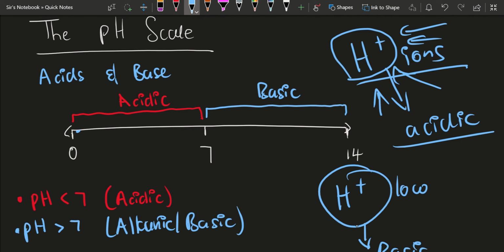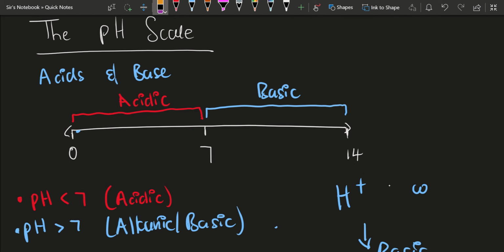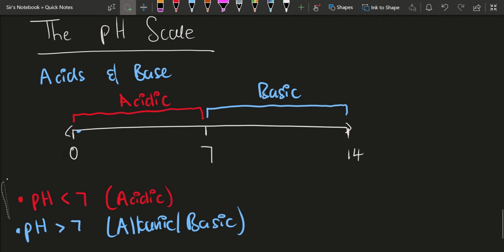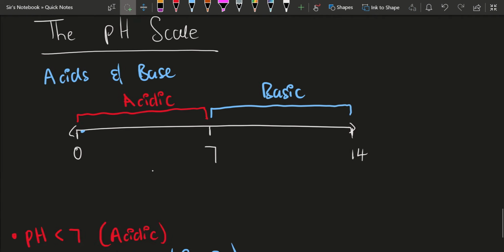If it produces a low concentration of H plus ions in a solution, we say that it is alkalinic, or basic. So now that we've looked at that, what do you think actually happens at 7? I mean, when I get to number 14, I know that my particular substance is very basic.